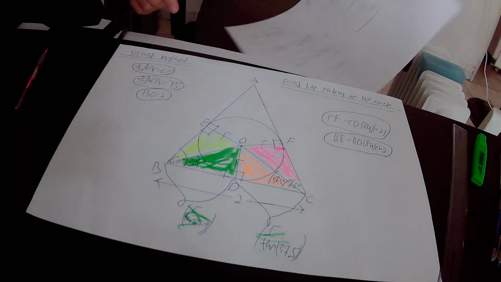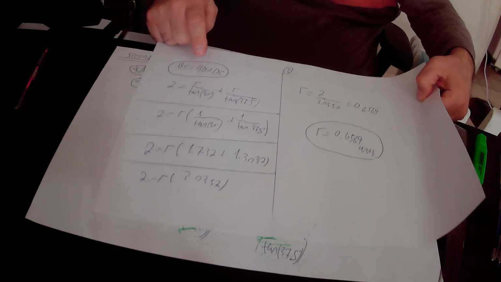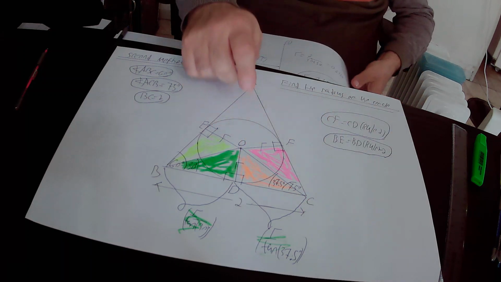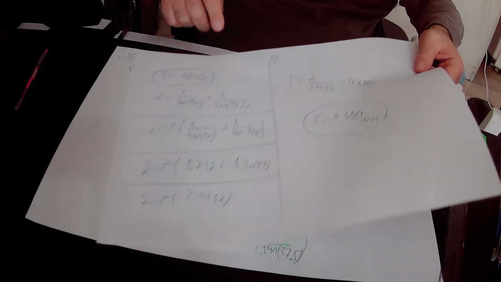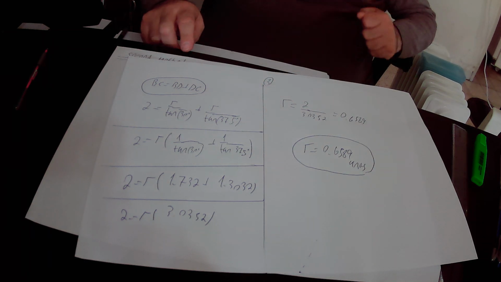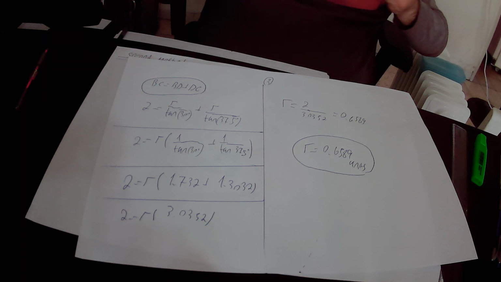So BD equals R over tan 30 degrees, plus DC. DC equals R over tan 37.5 degrees according to what we have already found. So in conclusion, 2 equals R over tan 30 degrees plus R over tan 37.5 degrees.